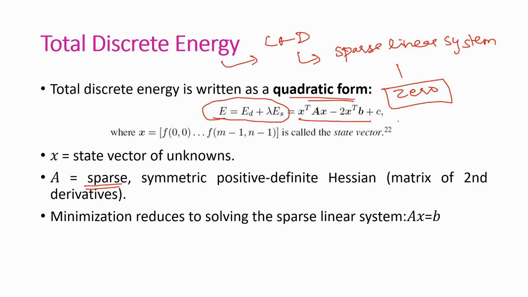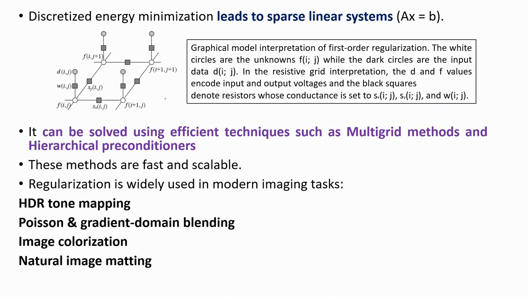Most values in the matrices are zeros. So that is what A. X represents state vectors of unknowns. So Ax equal to b. On multiplying the sparse matrix as well as the x data, we are resulting in b. That is what mentioned here, x transpose A into x minus 2x transpose b plus c.